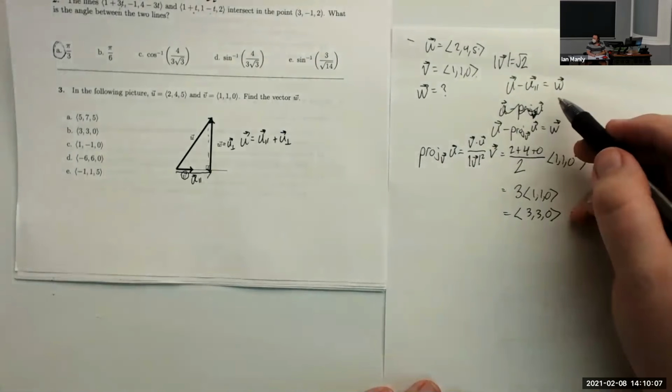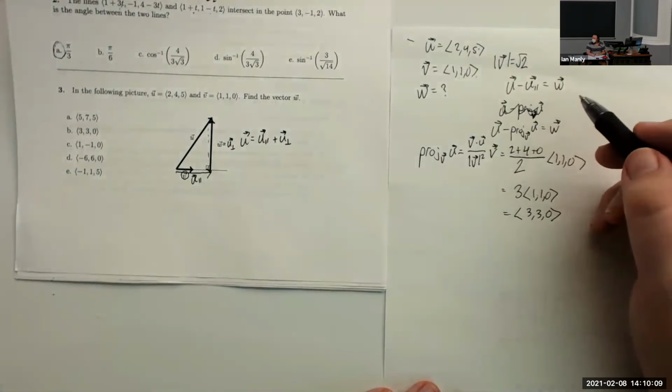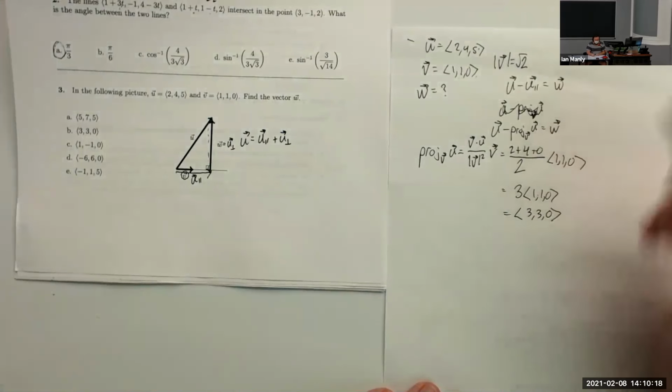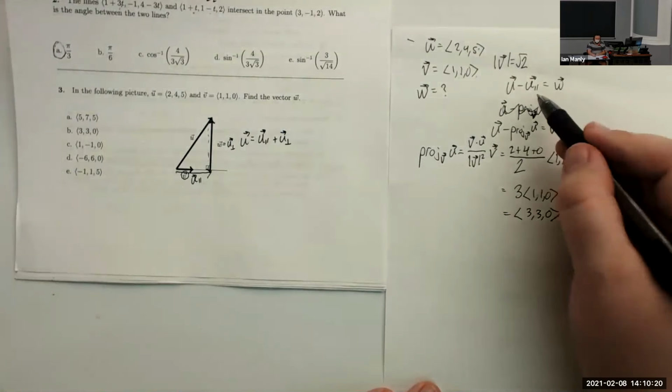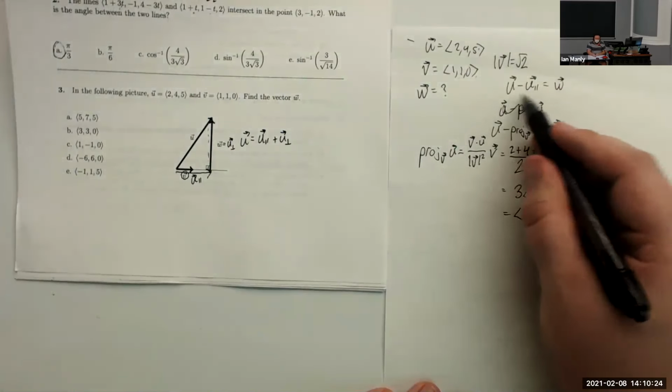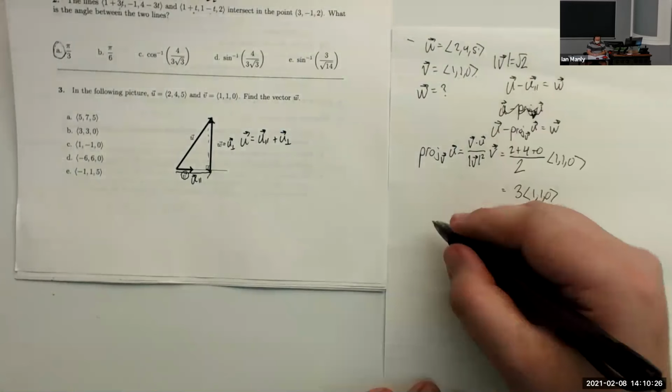Now remember, our original objective wasn't to get the vector projection; it was to get the thing that's perpendicular. We're trying to get w here. So how do we get that? We just do u minus the thing we just got.